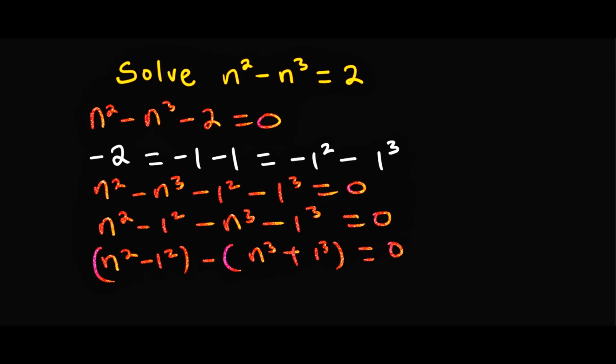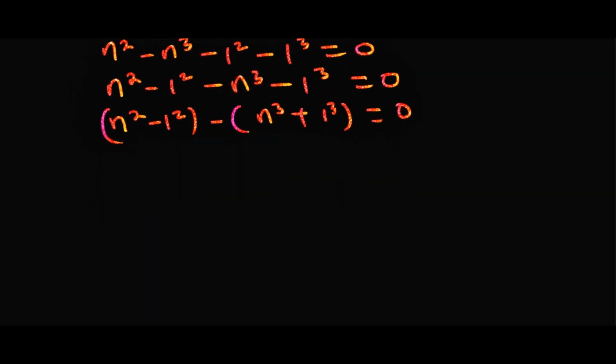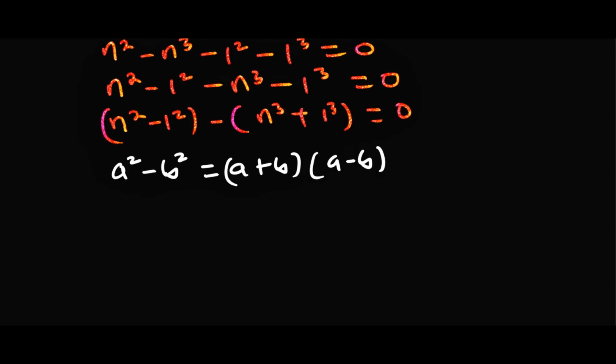So if we apply the identities, we can rewrite this difference of squares using this, that a squared minus b squared is equal to a plus b times a minus b.